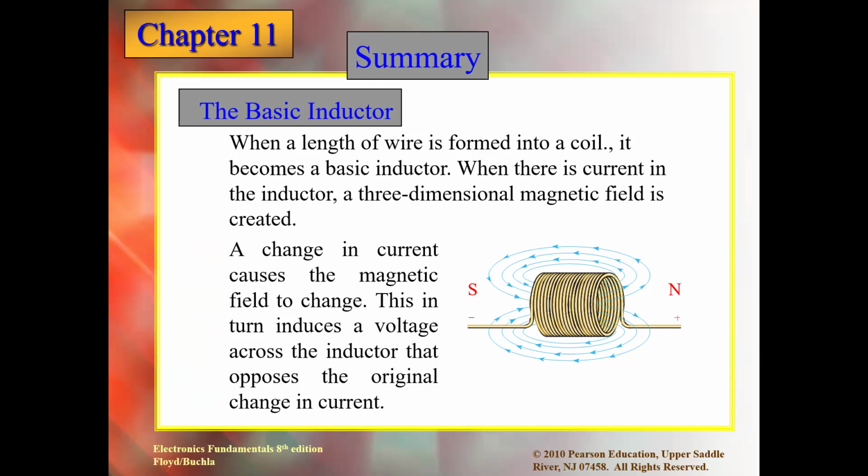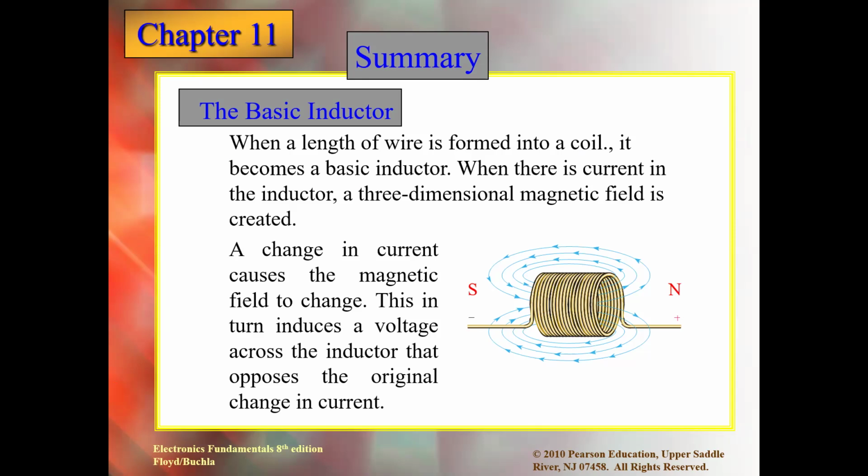A change in the current flowing here causes the magnetic field to change, because that magnetic field is developed because of the flow of current. So if the current changes, the magnetic field also changes. This in turn induces a voltage across the inductor.